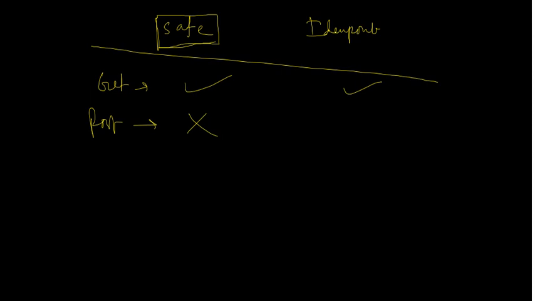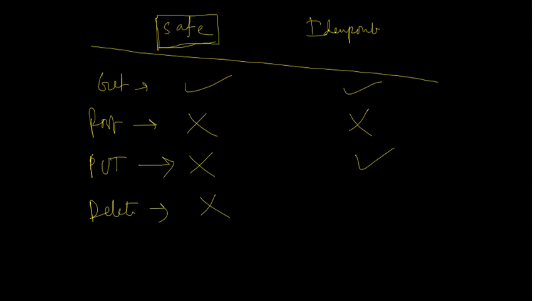And idempotent, no. Next is put. So is put safe or not? No, put also updates the resources. Idempotent, yes. Delete, is delete safe or not? Delete modifies the resources, correct? That means not safe. And idempotent, yes, delete is idempotent, correct?